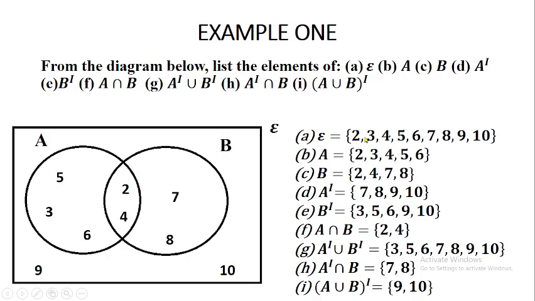Let's continue. So far you have been able to understand the components of a Venn diagram of two subsets. We are going to be putting all the bits that we have learned so far into practice, and using them to solve some basic questions.